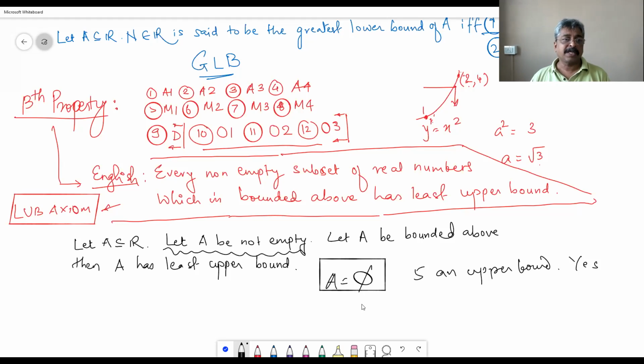Okay? So if this axiom is available, I give you a theorem now which you should try and prove, called the gap lemma.